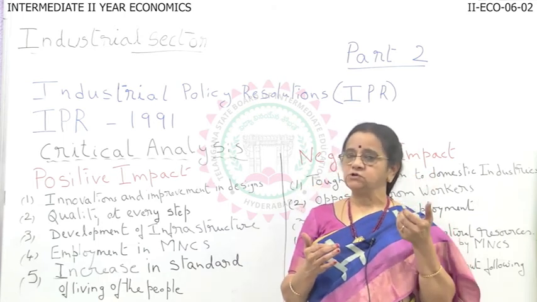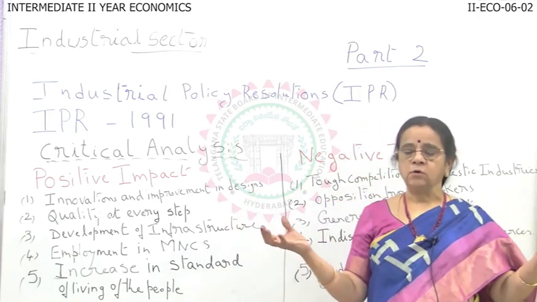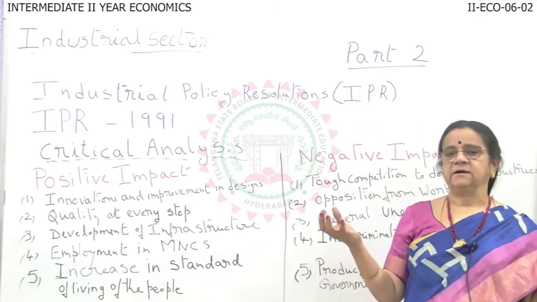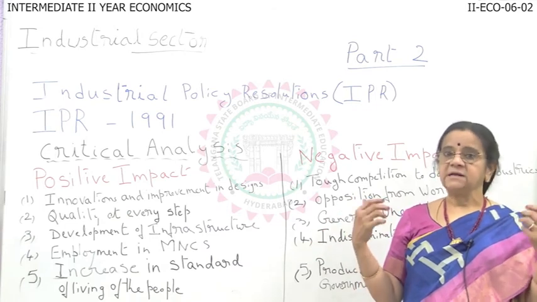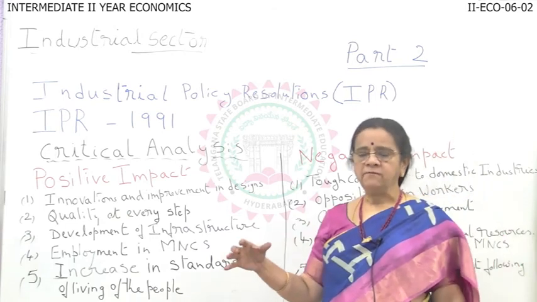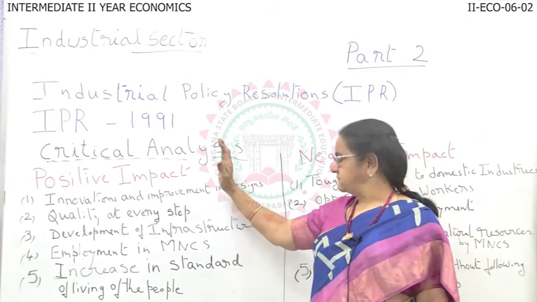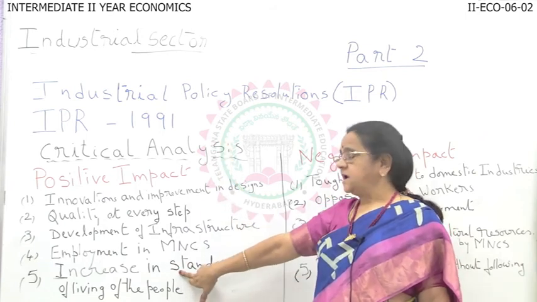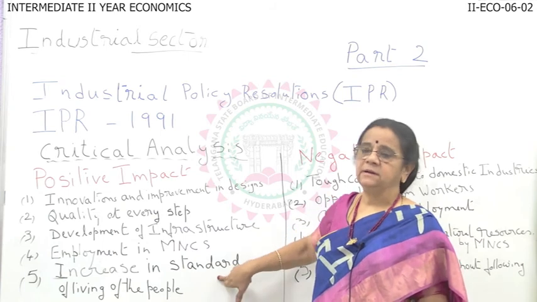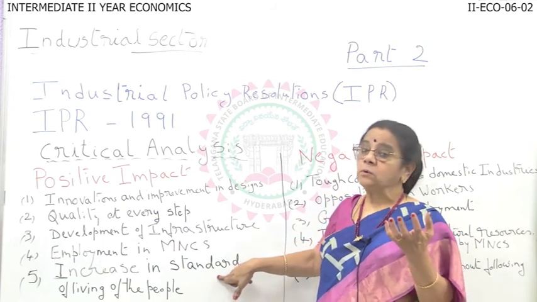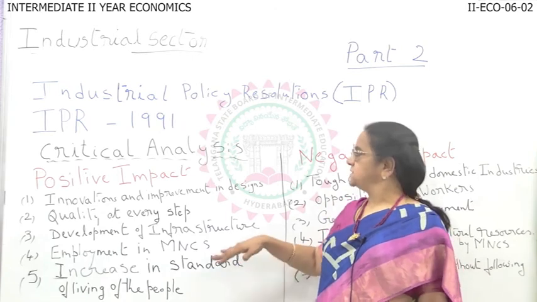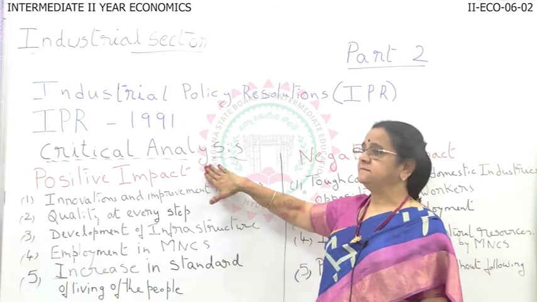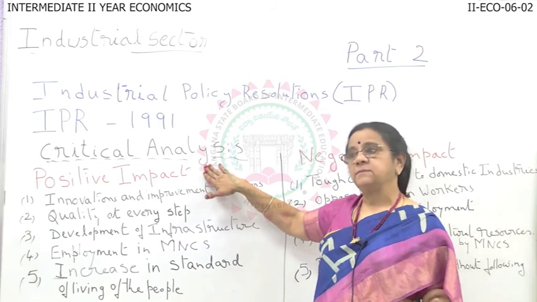We are able to enjoy different varieties of goods like different refrigerators, different TVs and so on with the help of IPR 1991. Hence, the amount of goods enjoyed by the people is increasing. So, this is all about the positive aspects of IPR 1991.